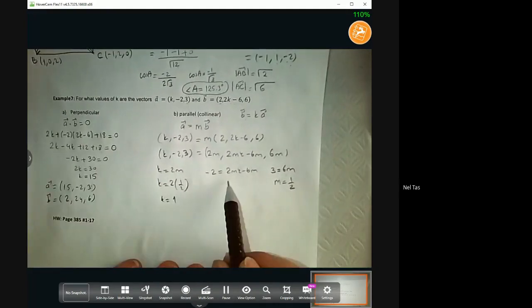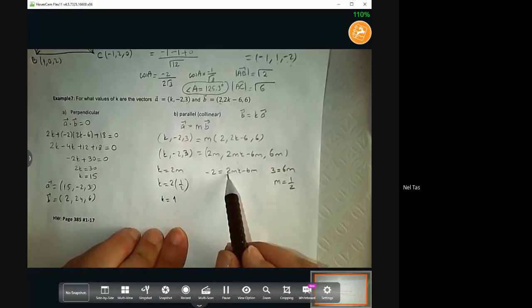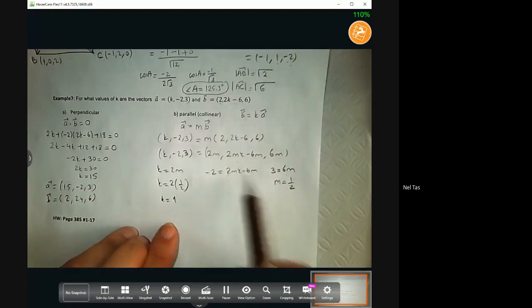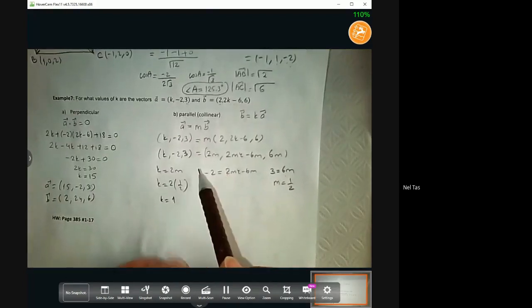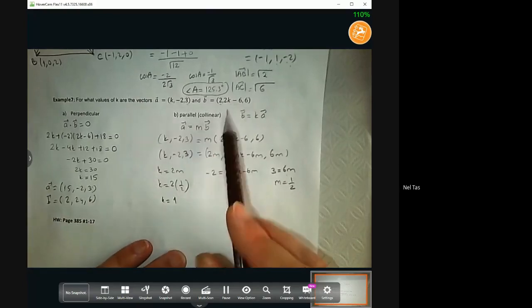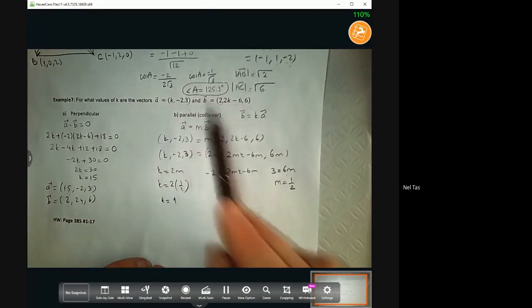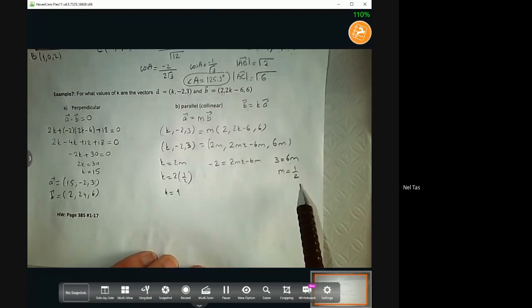Let's check if these two satisfy the second equation. If they do, then m is 1 over 2. But if they don't, then there is no such constant m to multiply b with to get a, meaning a and b can't be parallel.